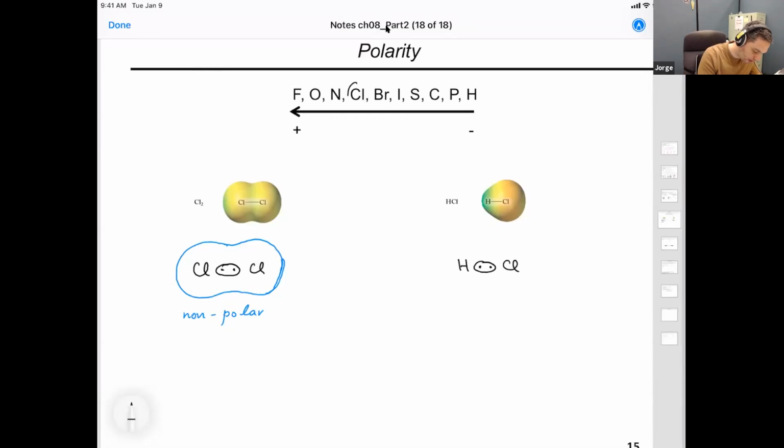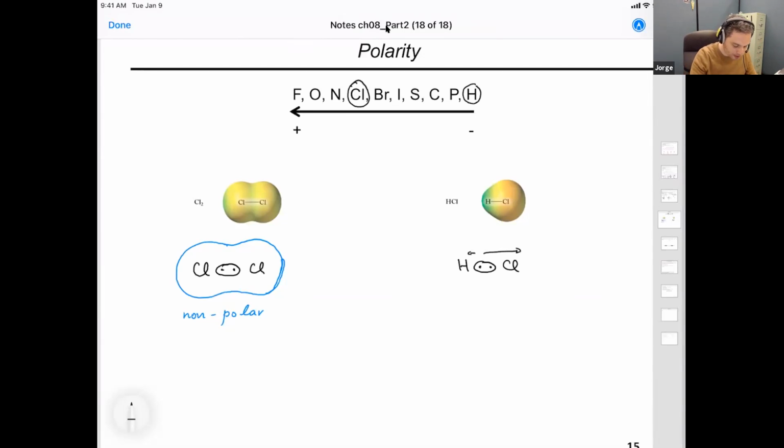Chlorine is right here, almost at the top of the order. Therefore, it pulls with a lot of intensity the pair of electrons close in the chemical bond. And oh my God, hydrogen is all the way to the end here. There is a pull, but the pull is really weak.